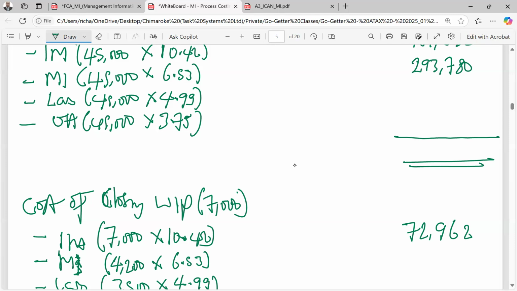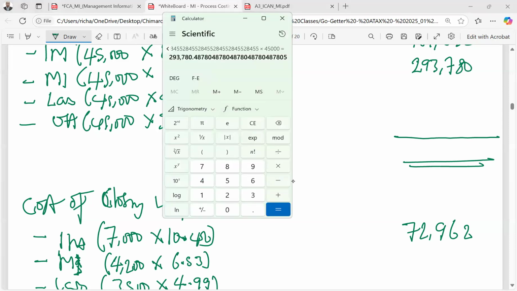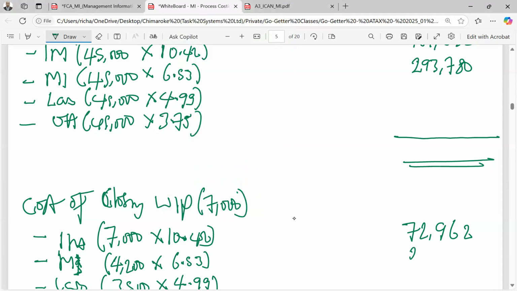Let's check if it is correct. 293,780. So I'll now divide back by 45,000. That's reset. Now let's multiply by 4,002. It gives you 27,420 approximately.